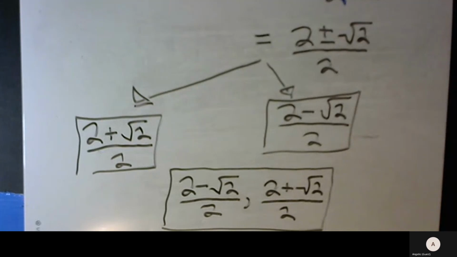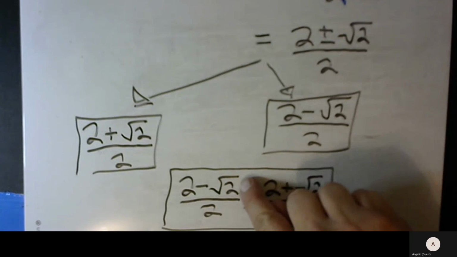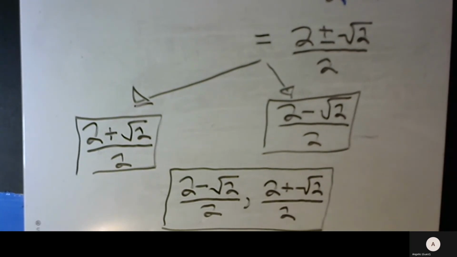So those are the exact answers. And again, they're exact because this is an infinite decimal and that's an infinite decimal. We don't try to convert those or round those off. Now, let's say we want the approximate answer.